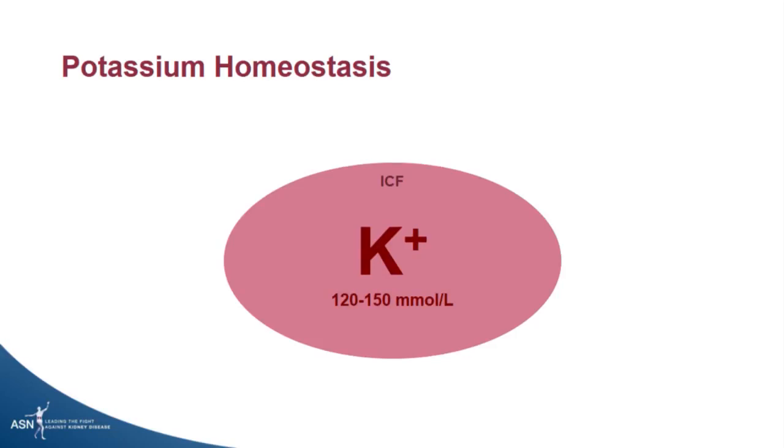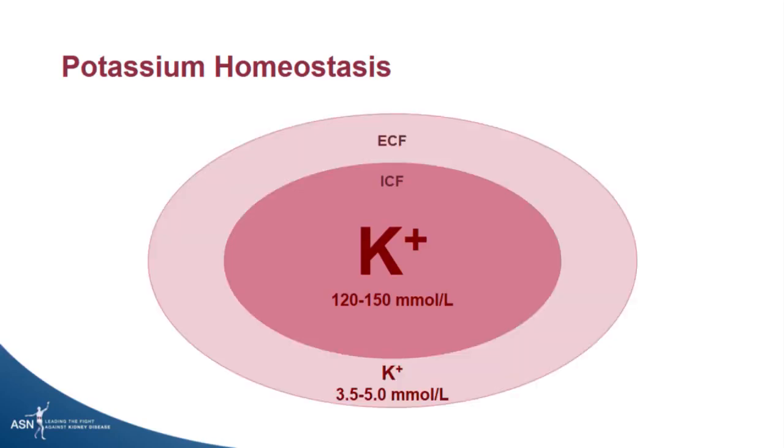Potassium is the most abundant cation in the body, a monovalent cation. Most of it is in the intracellular compartment, 98 to 99% of the total body potassium, where it's at a concentration of between 120 and 150 millimoles per liter. In the plasma, there's much less potassium, at a concentration, as we all know, normally between 3.5 and 5 millimoles per liter.